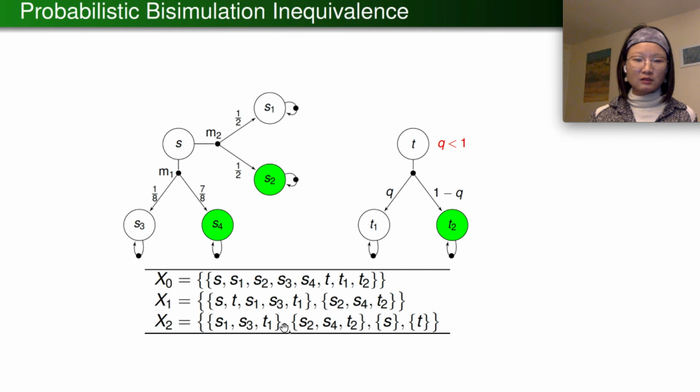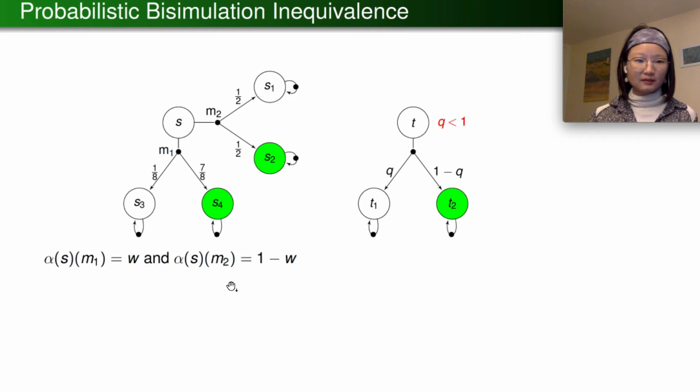Finally, we reach a fixed point where S and T are in two different equivalence classes. This tells us that there is a memoryless strategy that will make S and T not probabilistic bisimilar in the induced LMC. So we start constructing this memoryless strategy.